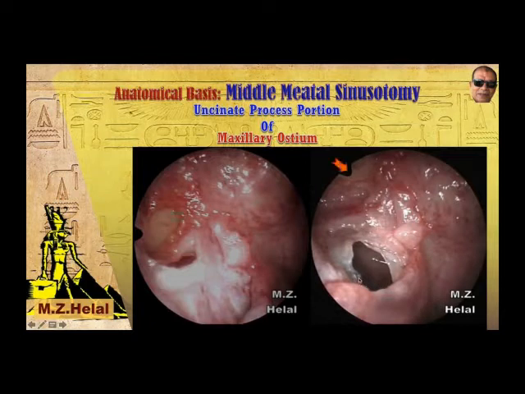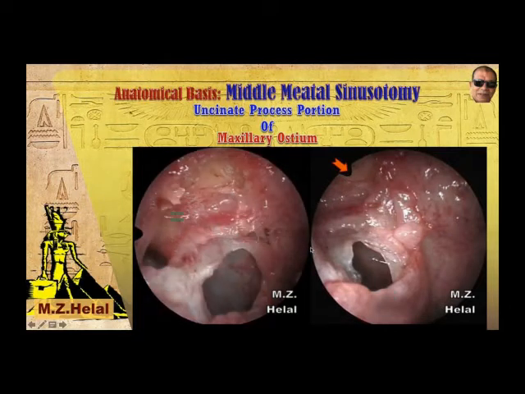But look here, because this is a 30-degree angled endoscope with the angle of the endoscope at 11 o'clock. And if we move this angle to 9 o'clock here, one can see the important structure, which is the natural ostium of the maxillary sinus. So again, this is the 30-degree endoscope, and here is the natural ostium of the maxillary sinus.